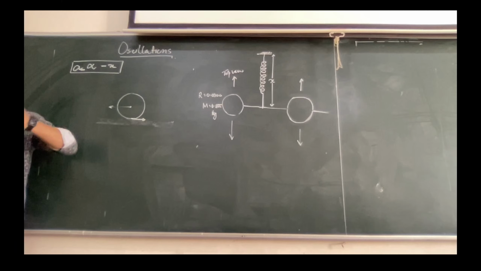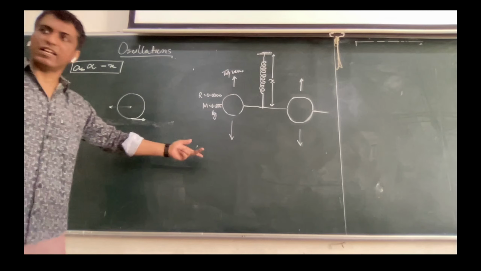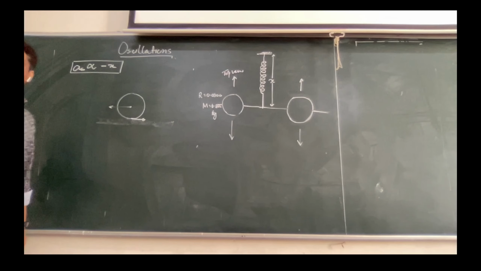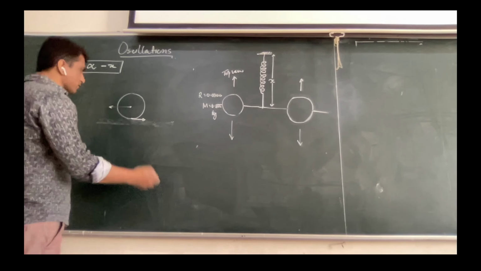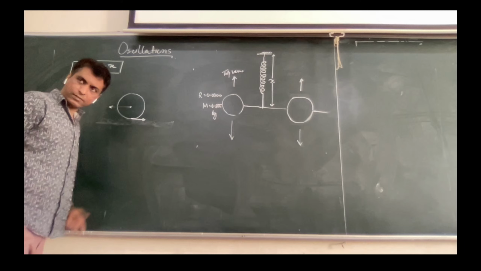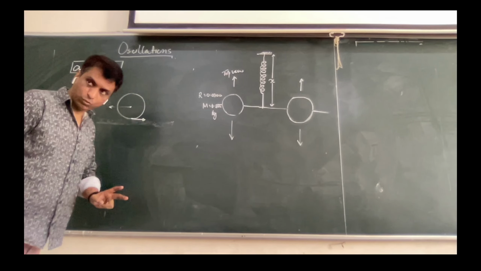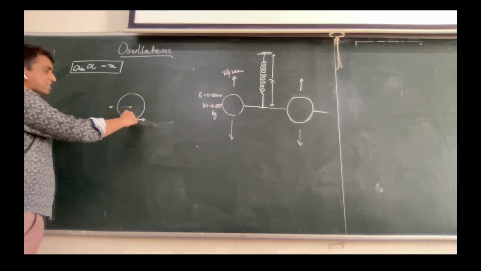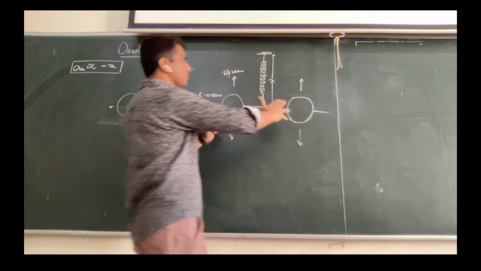What will happen if there is no friction? If the table is frictionless, then what will happen? What will happen if there is no friction? So if there is no friction, it will slip, it will slide. There is no rolling motion. Remember? So now there is a translatory motion of the system. System is going back and forth.